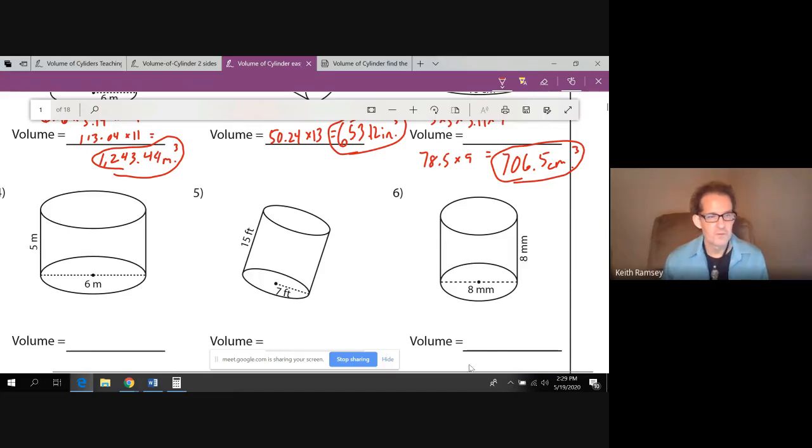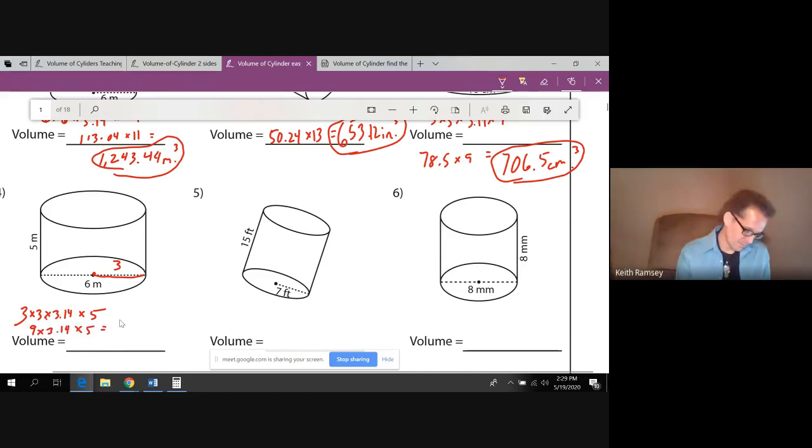Okay, so for number 4 here, they give you the diameter. You want half the diameter, which would be 3. 3 is half of 6. So pi r squared would mean 3 times 3 times 3.14 times the height. I know 3 times 3 is 9 times pi times the height.